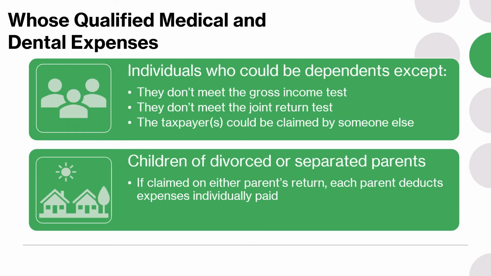They could also be paid for individuals who could be dependents except they don't meet the gross income test, they don't meet the joint return test, or the taxpayer, or taxpayers in the case of married filing joint, could be claimed by someone else. So there's still those support and age requirements and relationship requirements. For children of divorced or separated parents, if that child is claimed on either of the parents' return, each parent can deduct the expenses that they paid individually.